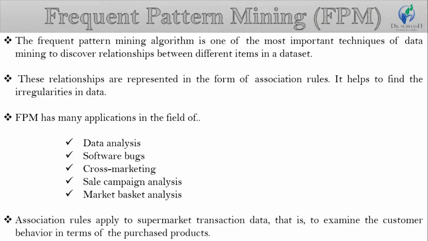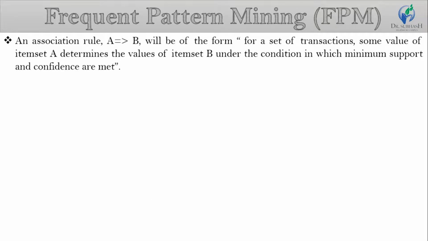Association rules apply to supermarket transaction data, that is, to examine customer behavior in terms of the purchased products. Association rules describe how often the items are purchased together. Learning of association rules is used to find relationships between attributes in large databases.